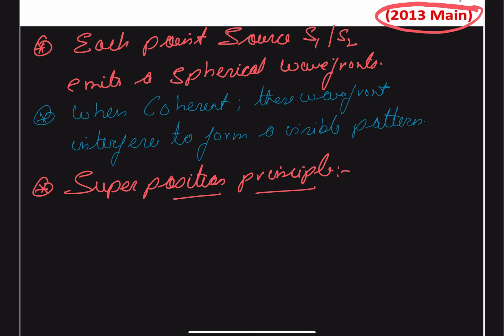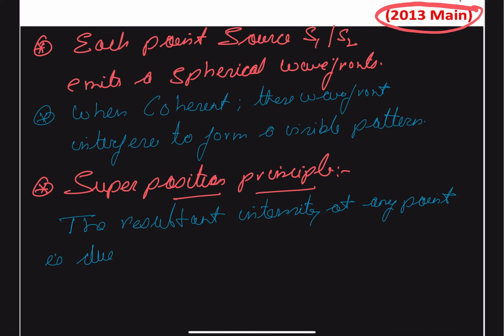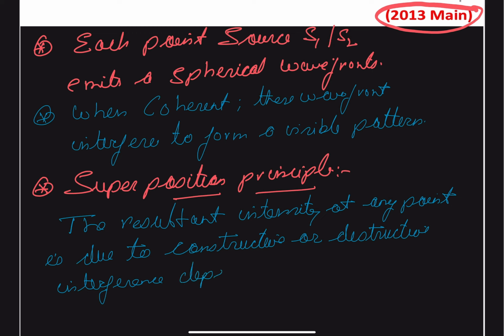So the resultant intensity at any point is due to constructive or destructive interference depending upon the path difference.